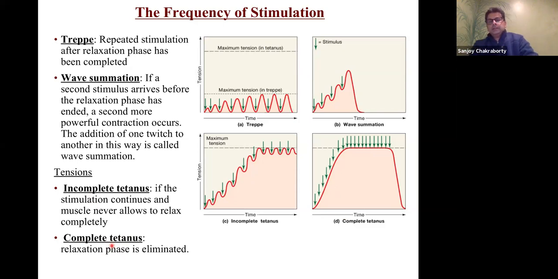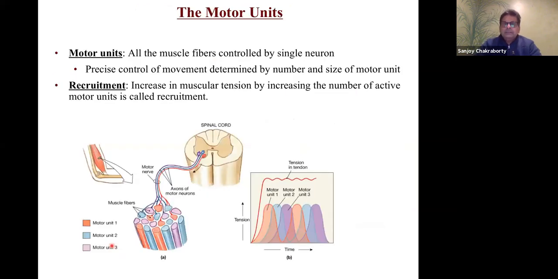That's called complete tetanus. Now, a couple of other terminologies, like how many nerves are involved, okay? So this is interesting. Let me give you an example first, then I'm going to come back here. Let's say, just a simple example, in my class, I have 5 students, okay? So the professor to student ratio is 1:5.